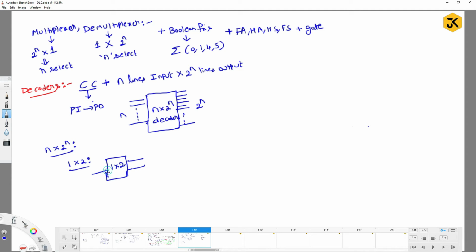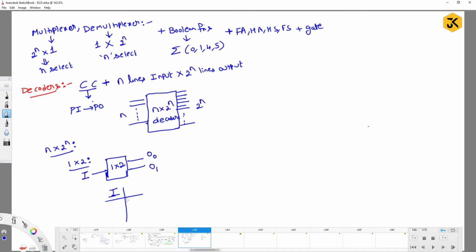Here, what input are you going to give? For example, if the input is I, that input is redirected to either the O0 line or the O1 line. If I try to define the characteristic table for this, what values does I range over?